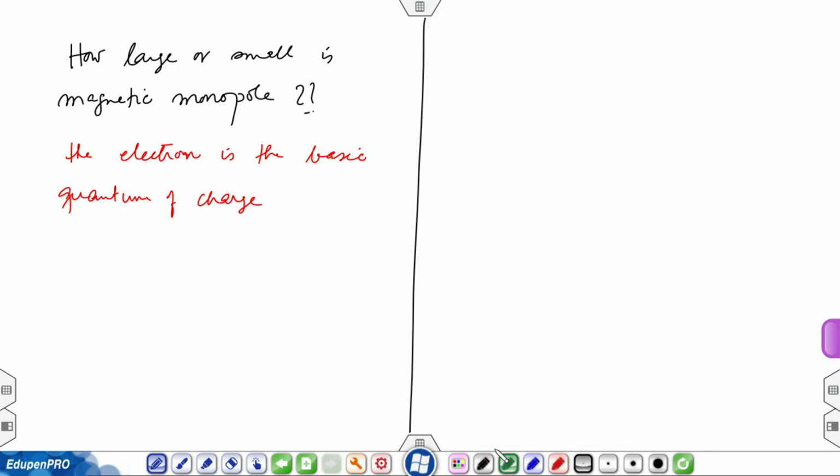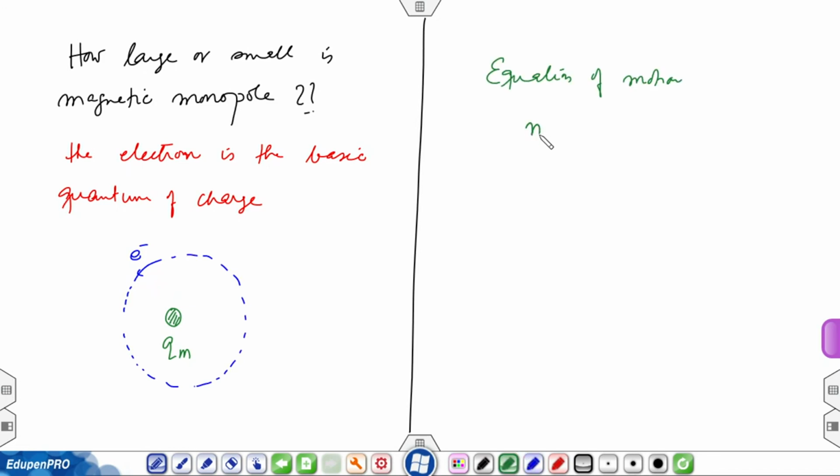And the argument is: suppose I have a magnetic monopole Q m and an electron going around it in an orbit. Then the equation of motion, which is m v square over r, will be equal to the Lorentz force on the electron.